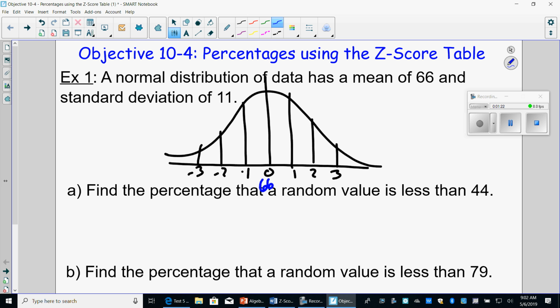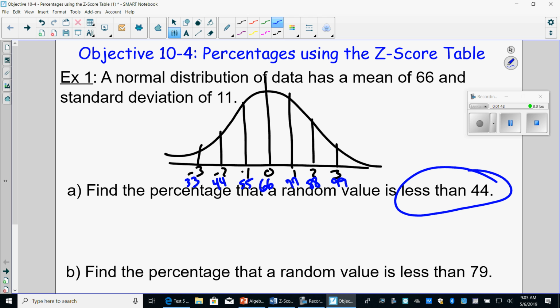So if I'm at 66 and I take one step to the right, where would I be? 77, and then 88, and then 99. I always loved counting by 11s. They're so easy. And then I would be at 55, and then 44, and then 33. Okay? And I want to know the percentage that is less than 44.